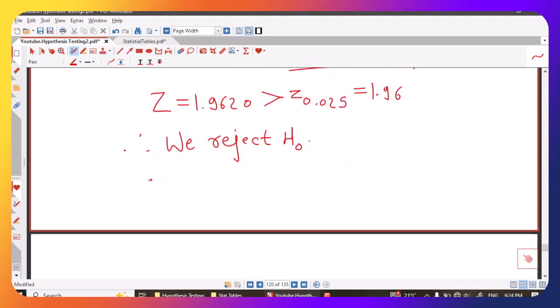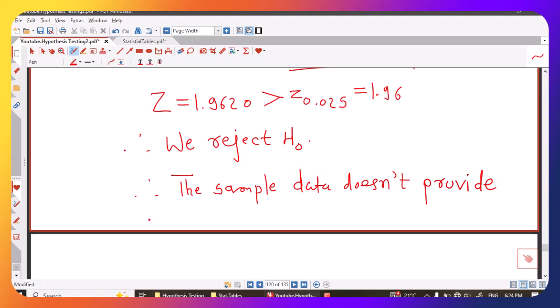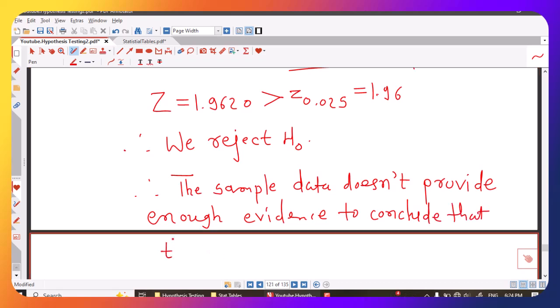And what is the null hypothesis? The null hypothesis is that the coin is unbiased. So we can say that the sample data does not provide enough evidence to conclude that the coin is unbiased. We reject the null hypothesis.